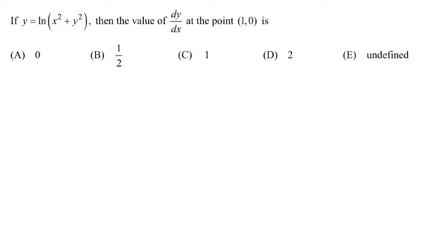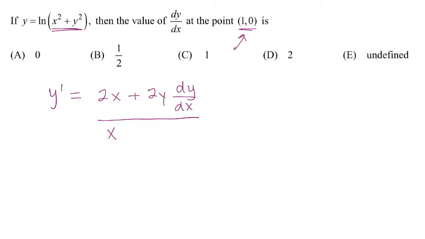Now we're finding the value of dy dx at a given point, and when you see this point, that means let's not simplify. We are just going to substitute in after we do our derivative. So y prime is going to be equal to, and we do stuff prime, and this is written as a polynomial, so we can go through here and just do our derivative of each term, and that is all over our stuff.